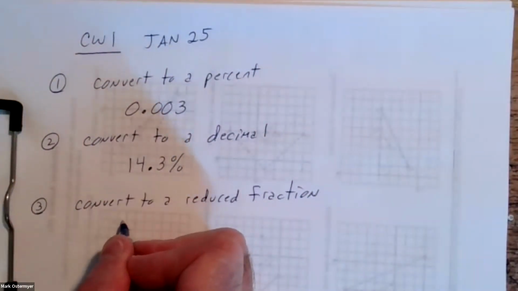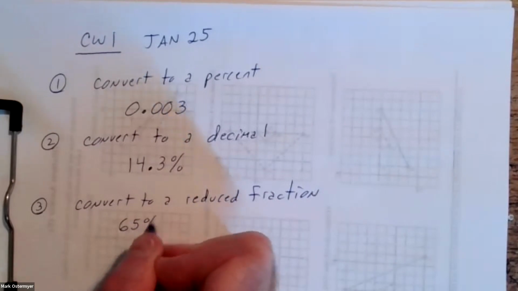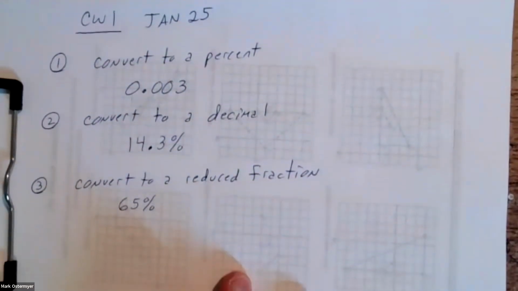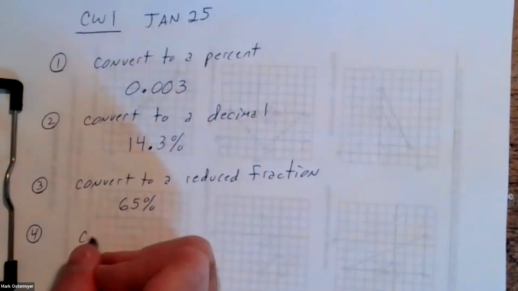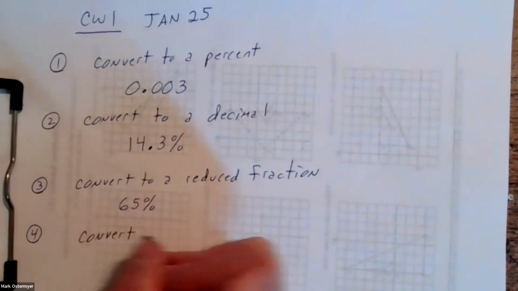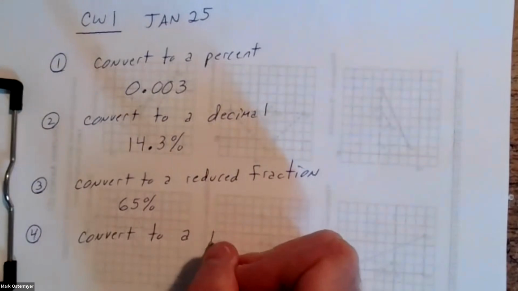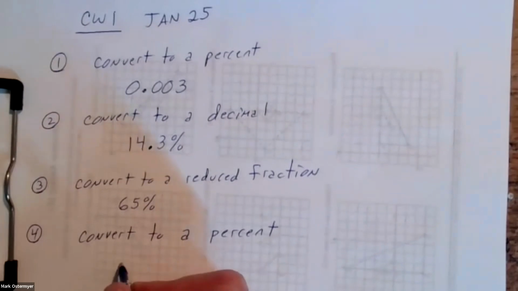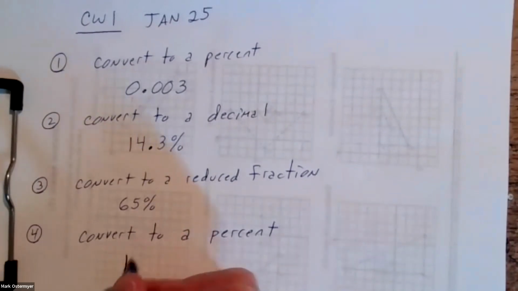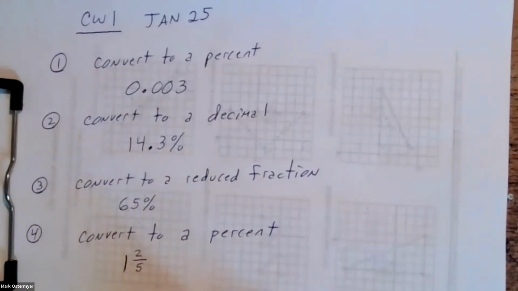If we have 65%, convert that to a reduced fraction. Problem number 4, convert to a percent. I want you to take this fraction and convert it to a percent. Let's say here. Okay, how about 1 2/5? Convert that to a percent. All right, so we'll call that classwork number 1.